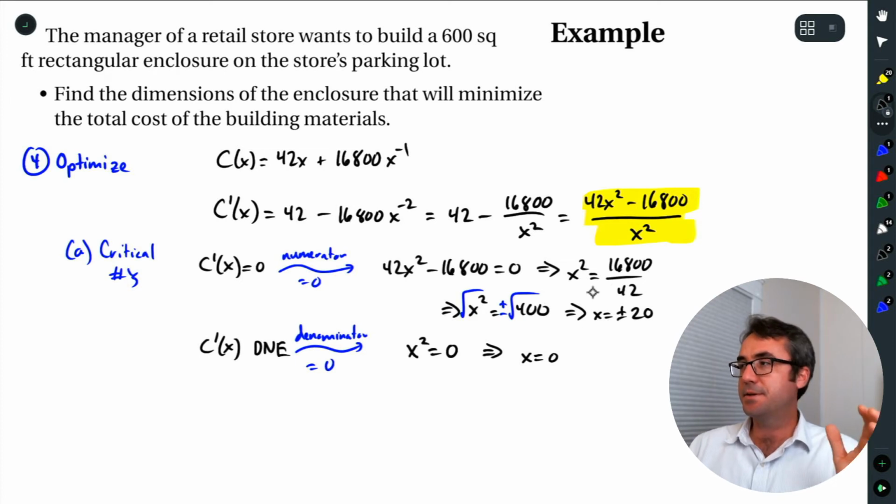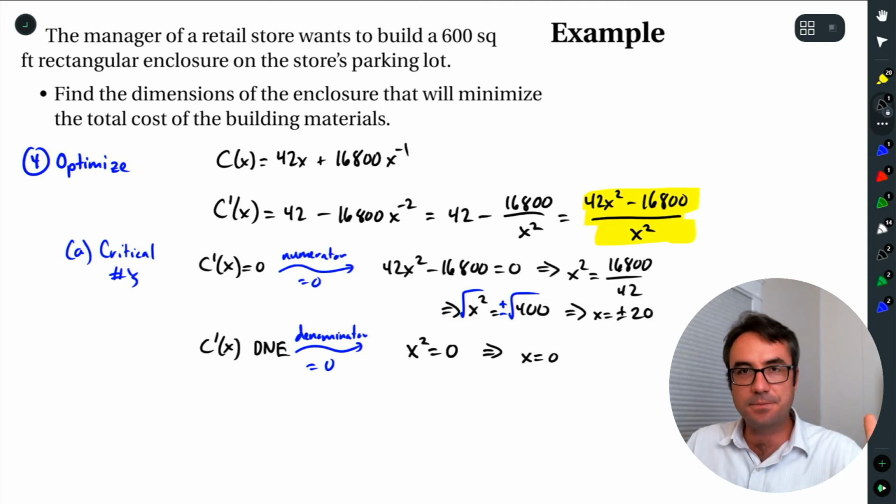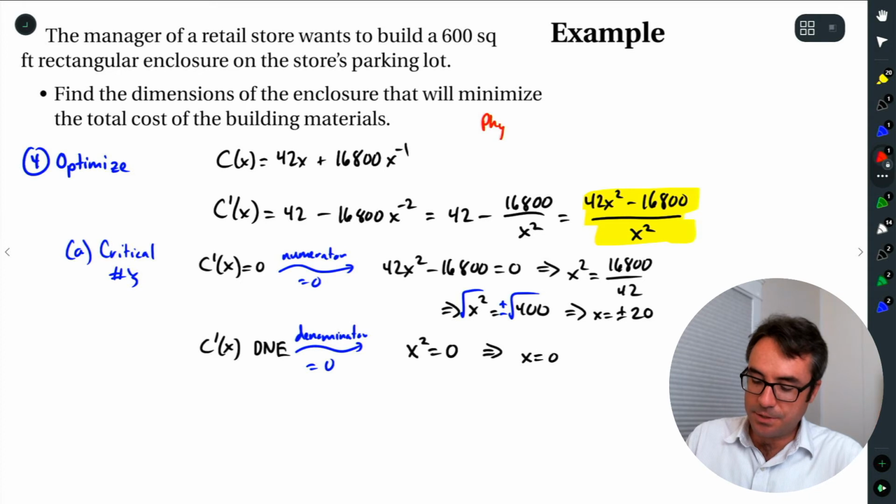Now there is an additional constraint going on, and that's because we're talking about building a physical thing. It's important to note we're actually talking about physical dimensions here, length and width. So length and width, we're really not interested in negative lengths.